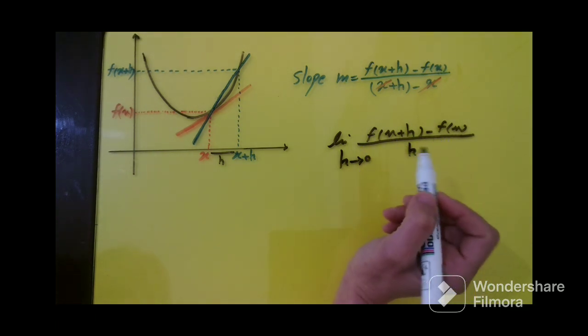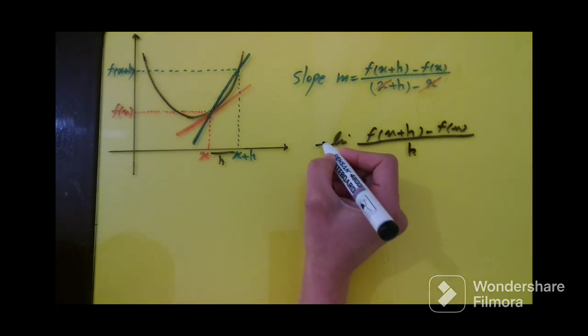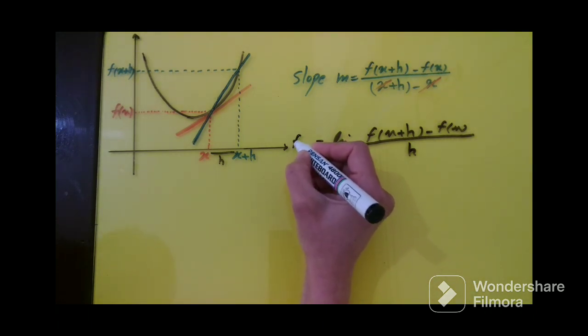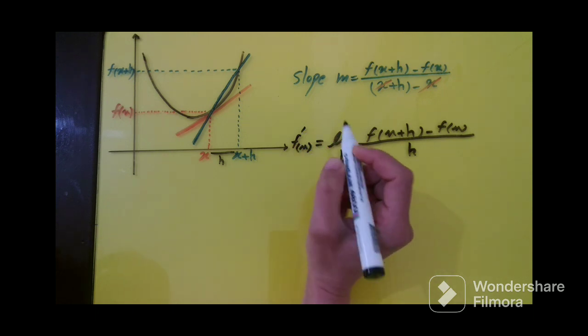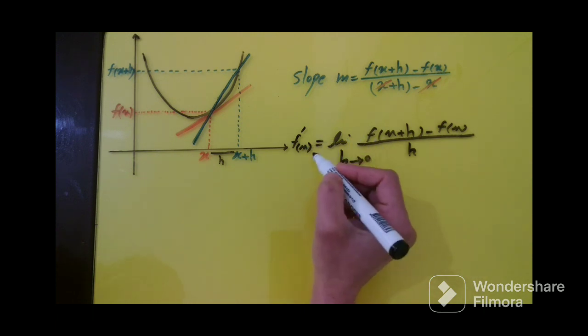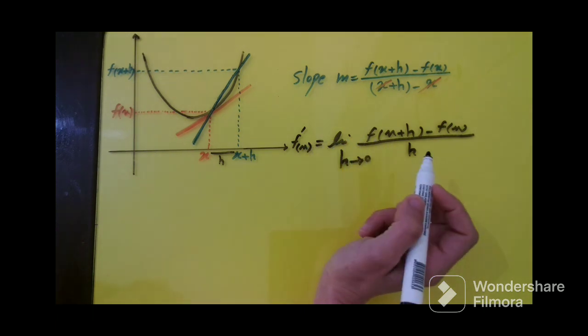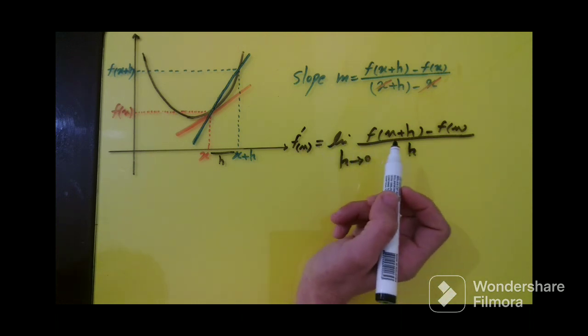We have a new function. The name of this new function is f prime of x. f prime of x is the function for the derivative. What does it say?